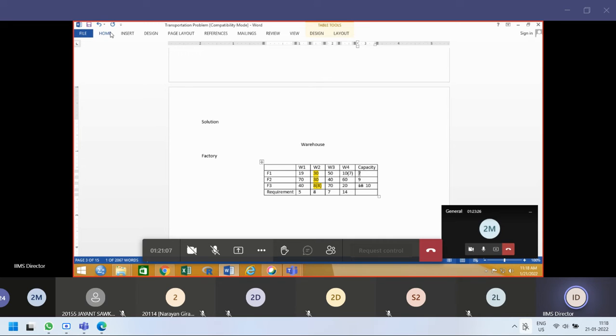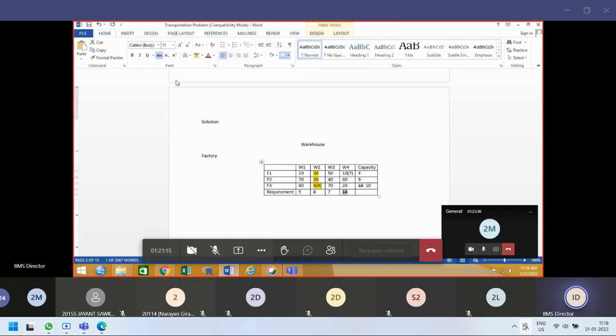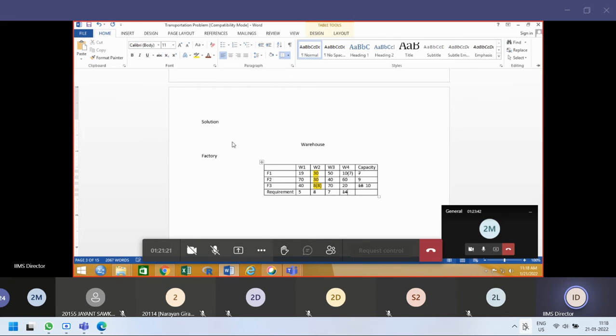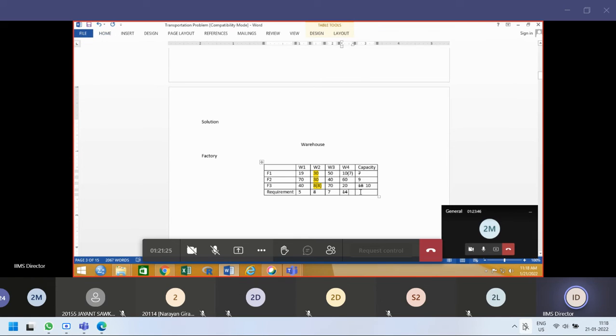And now here the 14, out of 14, 7 is already allocated. So how much is remaining? 7 is remaining, right? So next time we have to allocate this 7. Okay, what is blocked? This is completely blocked.